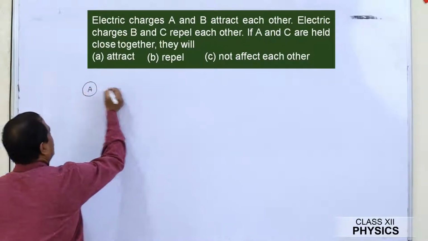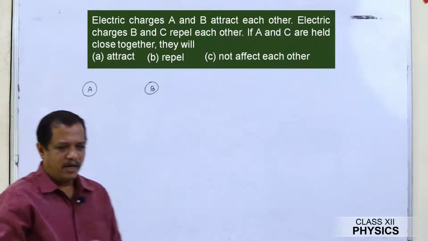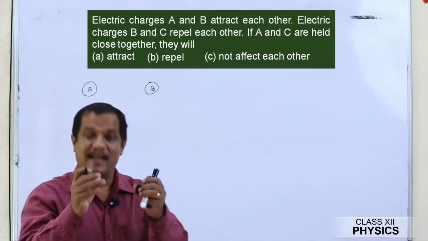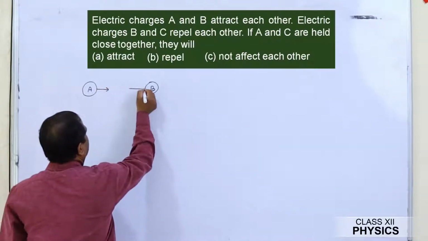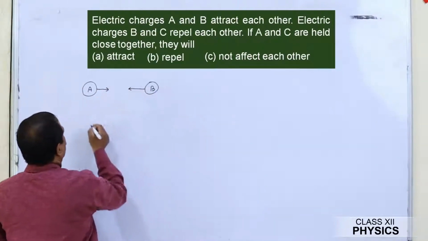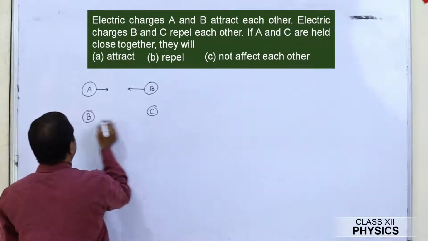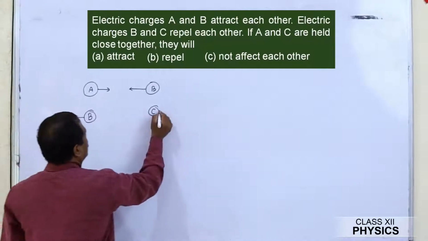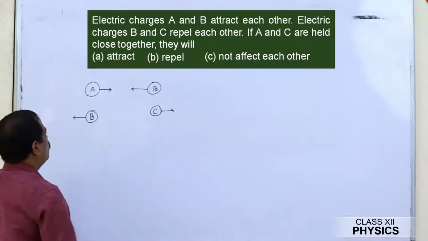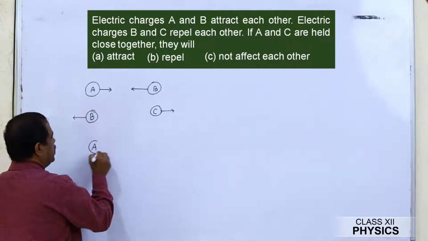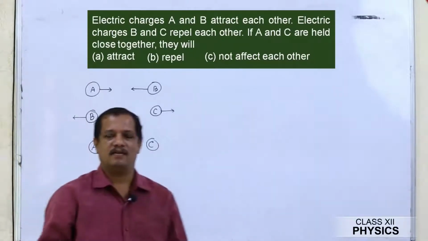Let us assume that we have two bodies, body A and body B, both attracting one another. I have two more bodies B and C, and these two bodies are repelling one another. The question is, what will happen if I have bodies A and C held close to one another?